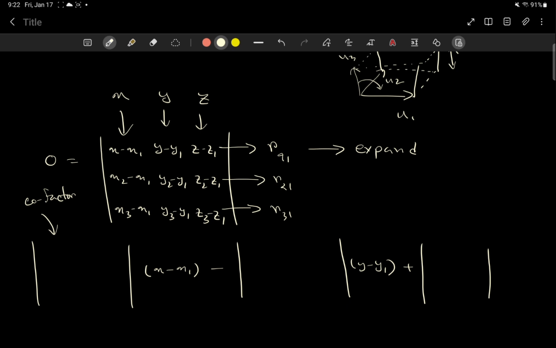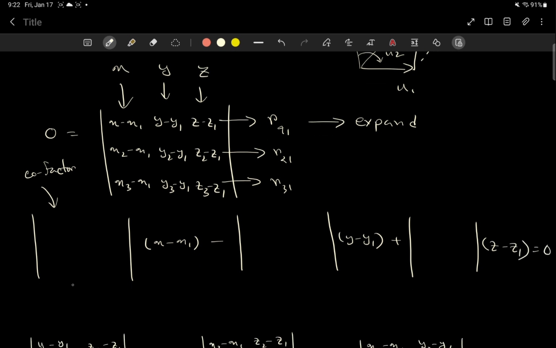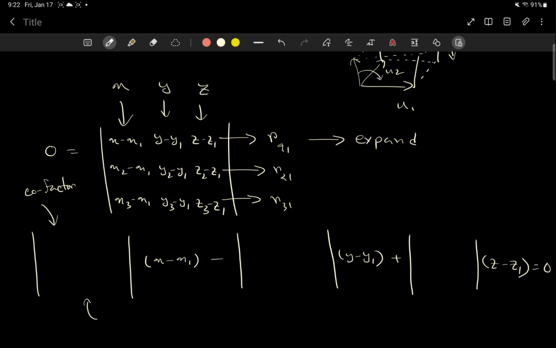another determinant. I think I should squish it down, I mean squish it leftwards. Okay, so z minus z1 is equal to 0, and these cofactors are numbers. For x minus x1, we'll get this thing.